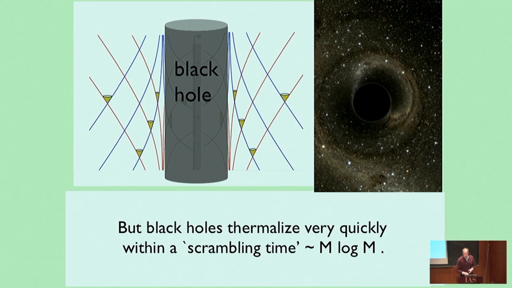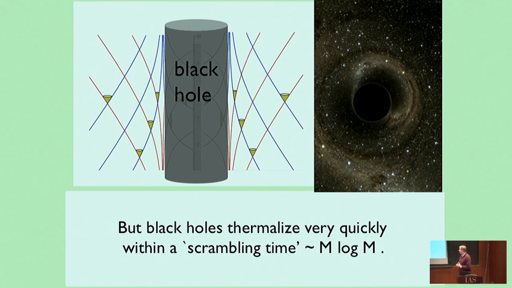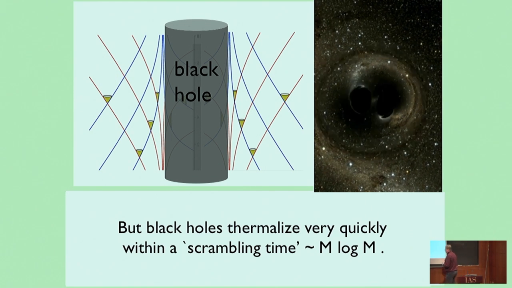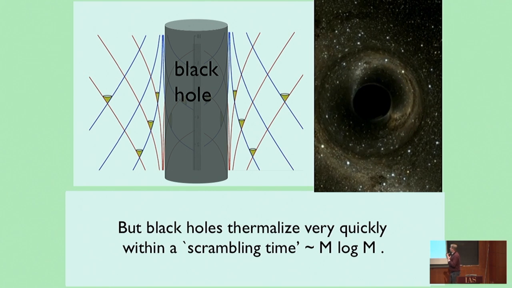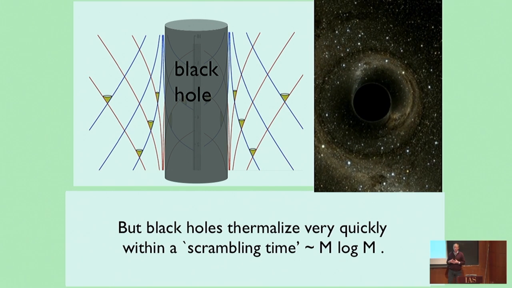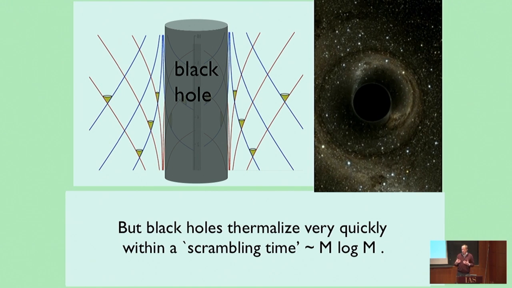At the same time, if you look at the quasi-normal behavior of a black hole, you find that there's this characteristic time m log m. If we believe in holography, then a black hole is made out of stuff, and the equilibration of the black hole in this enormously short amount of time should be interpreted as a thermalization.